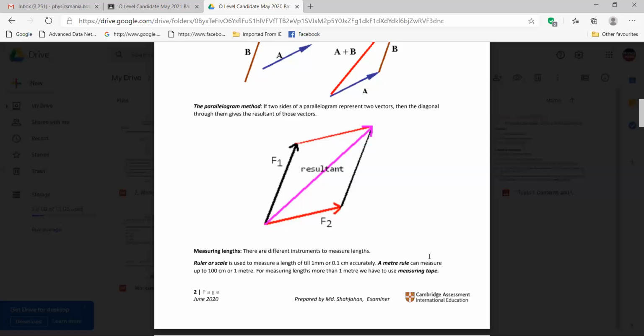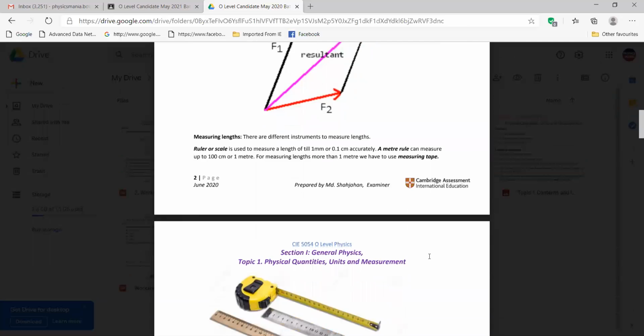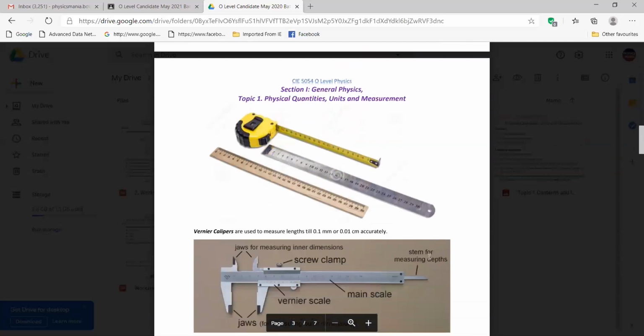But if we have to use an instrument to measure a length smaller than 0.1 centimeter, that is 1 millimeter, at that time we have to use other instruments. The instruments are vernier calipers and micrometer, right? Yes, sir. Now first we are dealing with vernier calipers.